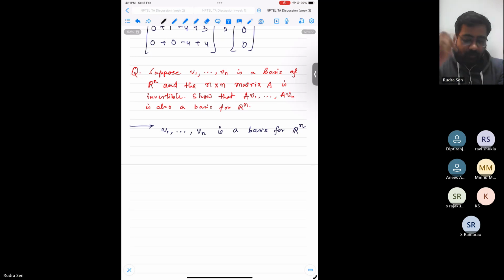If you see the lecture video by Professor Aikerana, he showed that if we represent a particular vector of a space by the basis vectors, that representation is unique. That proof has already been shown in that lecture video. Let's say I consider another vector v in that Rn space, and I want to represent it using the basis vectors v1 to vn.